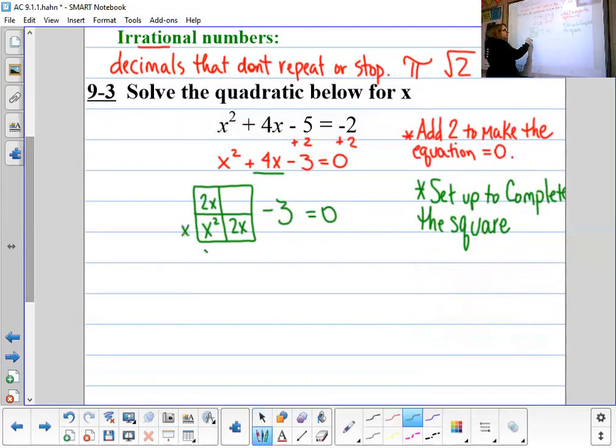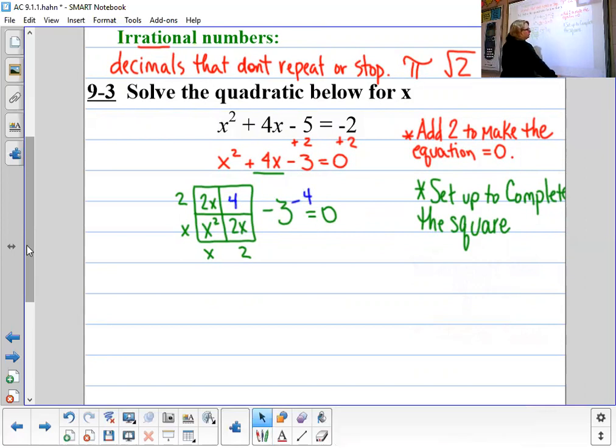Okay, so completing the square is going to give me x plus 2, x plus 2. What's 2 times 2? 4. So that means to fill it in, I'm going to need to add 4. And then to balance it, I'm going to need to subtract 4. All right, so there I just completed the square.